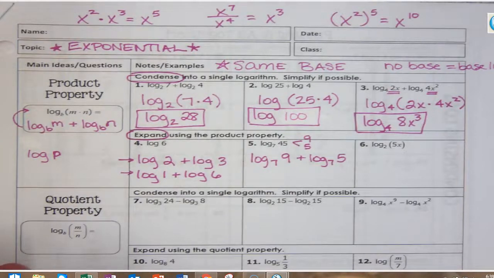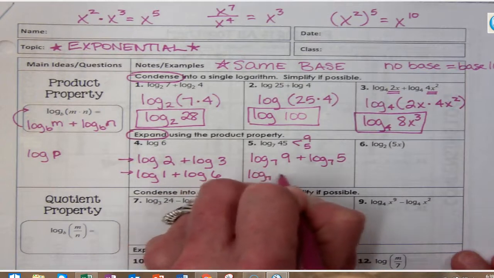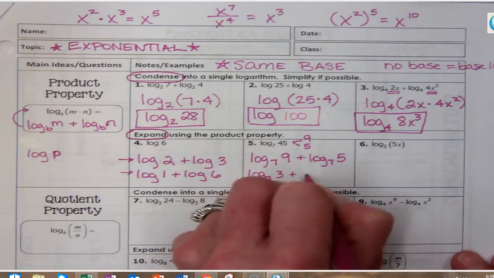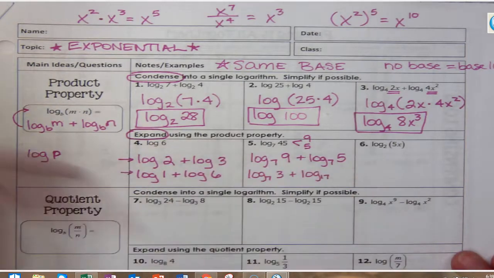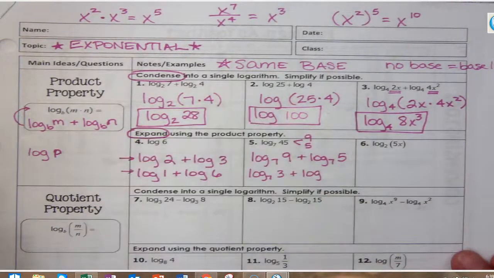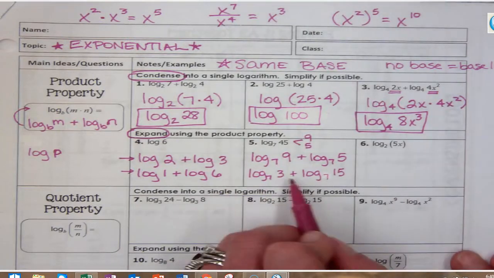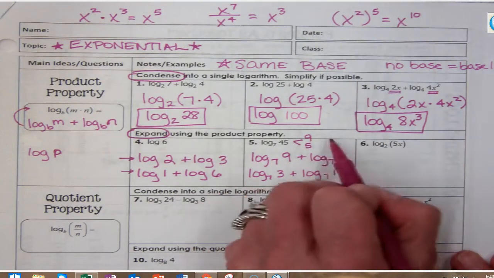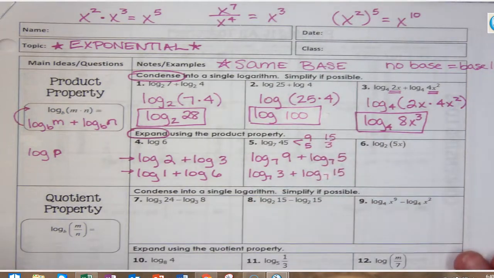You could also do maybe log base 7 of 3 plus log base 7 of 15, because 3 times 15 is also 45.